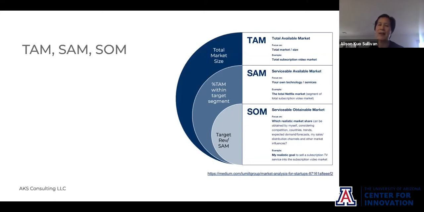So even though it's used as TAM, I often will, in my mind, really visualize SAM, which is your serviceable available market. This graphic I thought was useful to show you how SAM is really a percentage or a subset of your total market size, as well as some people use SOM.